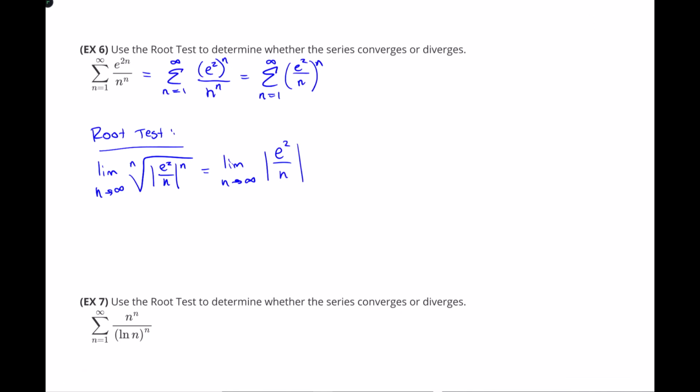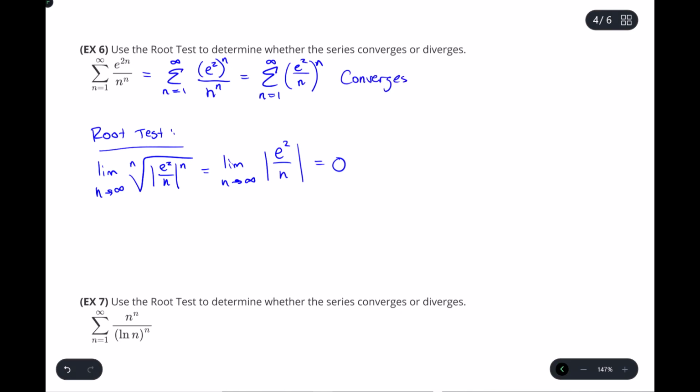E squared, even though e is generally considered a function, it's only a function if the exponent is a variable. E squared is a constant value. So we have a constant over n. So the denominator is changing, it's going to infinity. This limit is going to go to 0, and therefore this series converges by the root test.